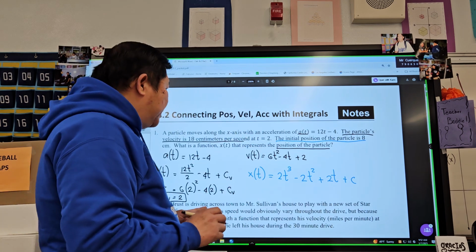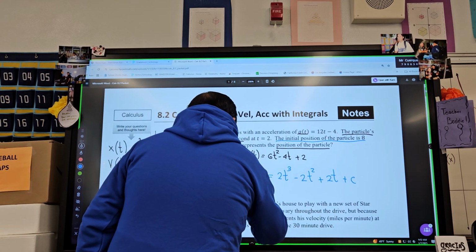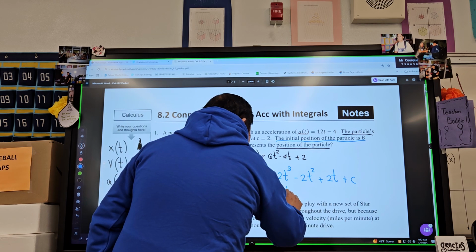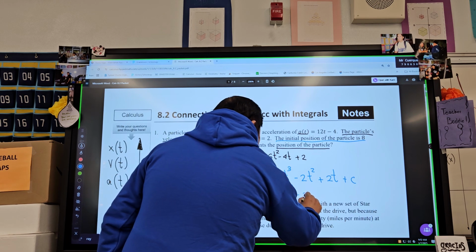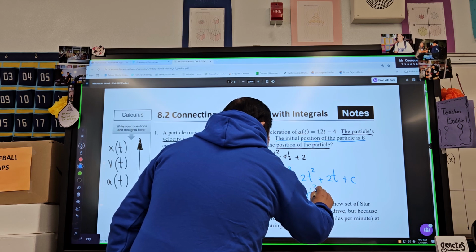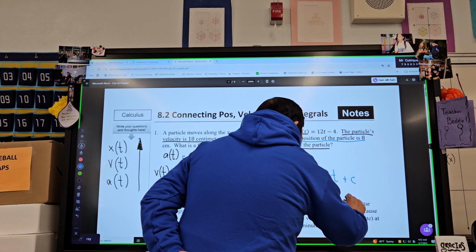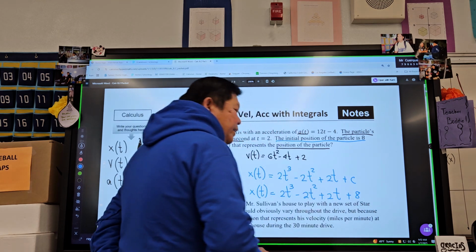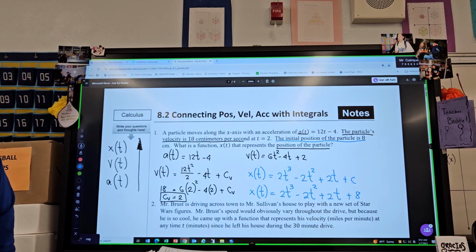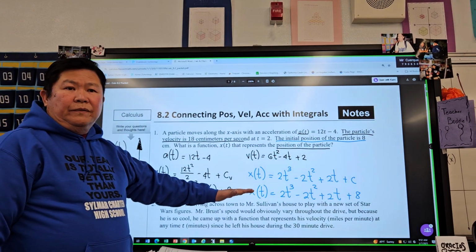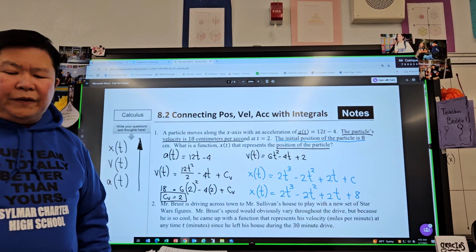It's the y-intercept. Therefore, finally you have x of t is equal to 2t to the power of 3 minus 2t squared plus 2t plus 8. Okay, so this is now our position function, and this is the final answer.